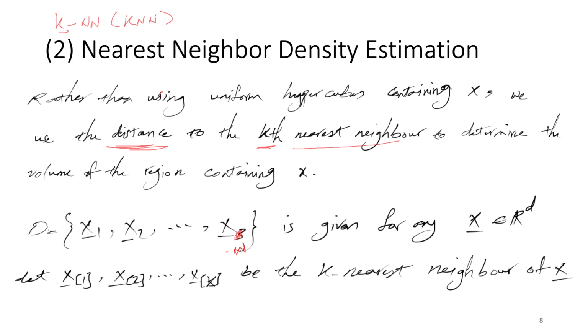Let x1, x2 up to xk, because we define it as k, be the k nearest neighbors of x. I'll show it visually in the next slide for you guys. It's pretty simple and intuitive.